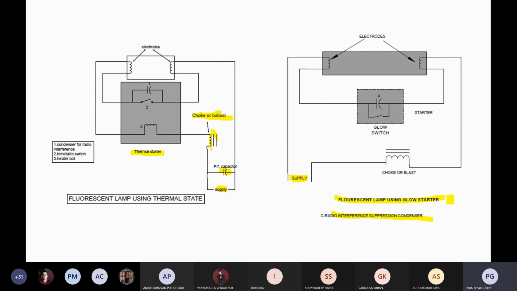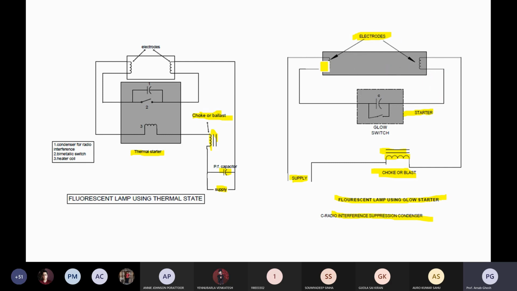Normally we observe this in our home. In the glow starter option, the choke or ballast coil provides very high voltage, which comes across your electrodes. Two electrodes are there across the lamp. The starter is connected across your two electrodes.